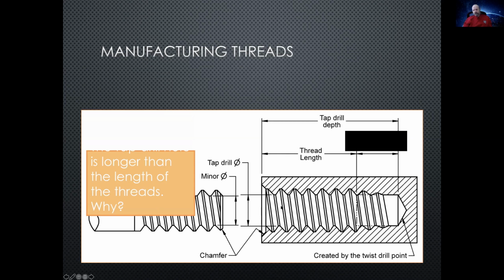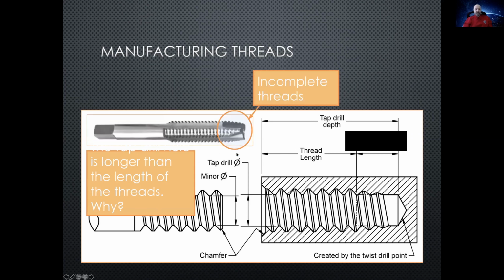Okay, and then the tap hole you make is going to be a little bit deeper than the actual threads that you need. And that's because, if you remember, the tap has that tapering on the end of it. Okay, so I got to fix this slide. But it basically says, why is the tap hole longer than the length of the threads needed?